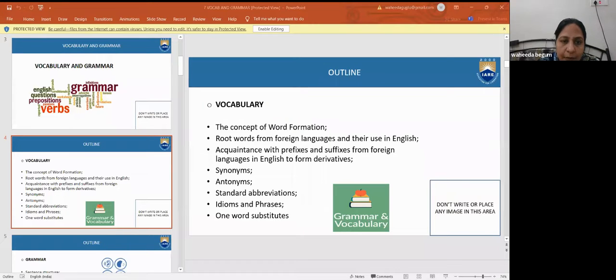Another example is hypno. Hypno means sleep: hypnosis, hypnotic.